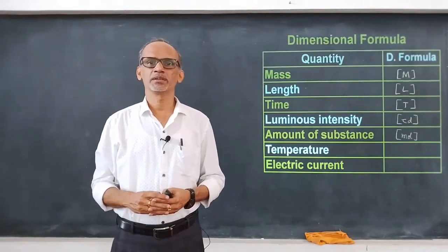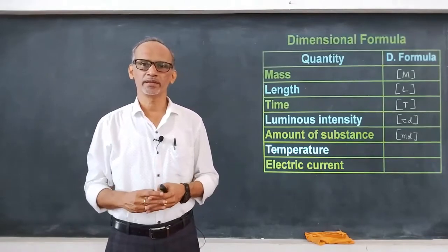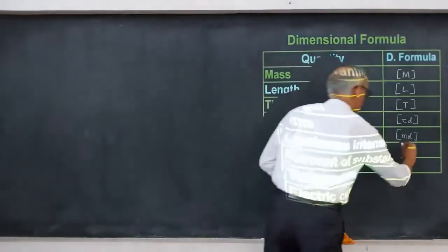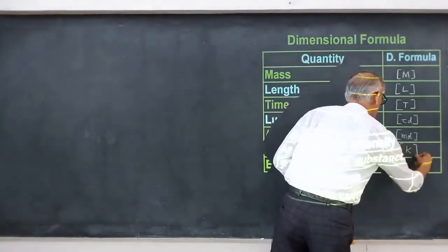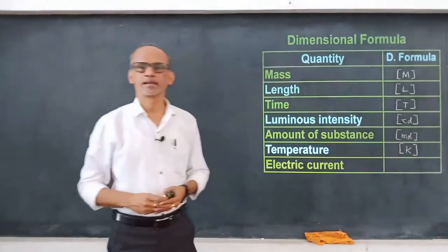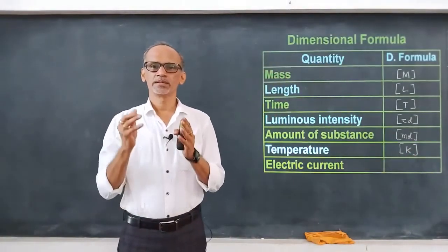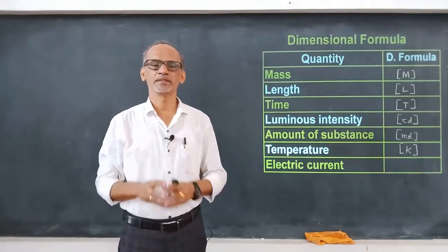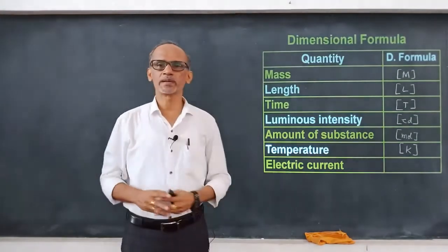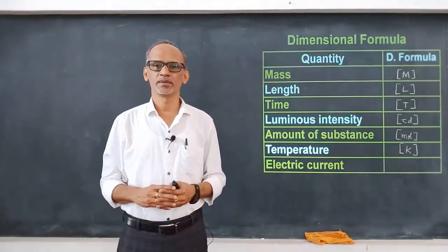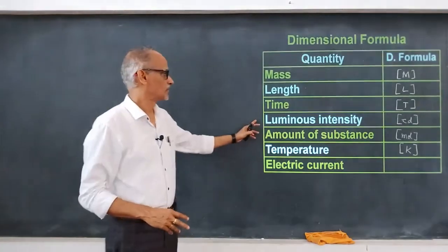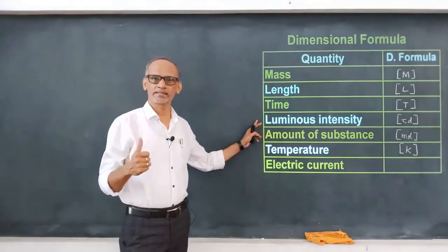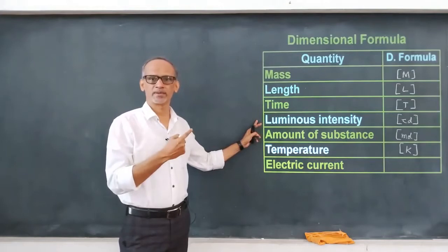And now you can very easily tell me the rest of the 2. For temperature, the SI unit is Kelvin. So, we use the symbol used for Kelvin, which is capital K. So, the symbols of the rest of the 4 quantities are used as the dimensional formula. Are you clear? For luminous intensity, candela is the unit, the symbol is CD, and that's what is used.